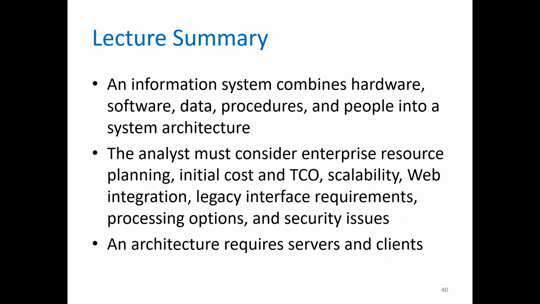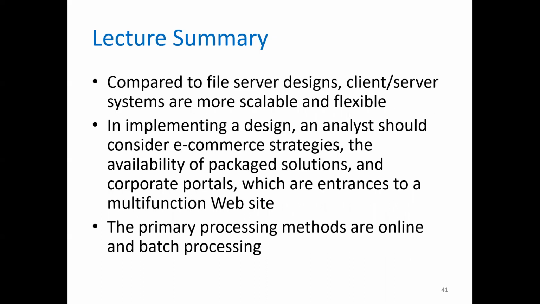Summary. An information system combines hardware, software, data, procedures, and people into a system architecture. The analysis must consider enterprise resource planning, initial cost and TCO, scalability, web integration, legacy interface requirements, processing options, and security issues. An architecture requires servers and clients forming a client-server architecture.